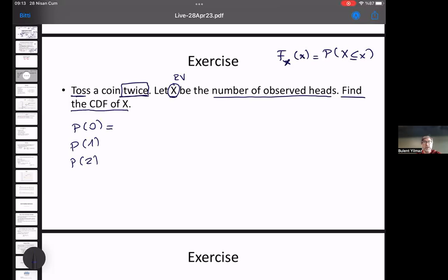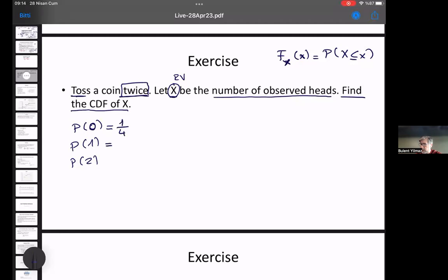What's the probability of obtaining 0 heads? It is 1/4. When I flip a coin twice, it will either be heads or tails. Obtaining no heads is like obtaining tails twice, right? It is 1/4.